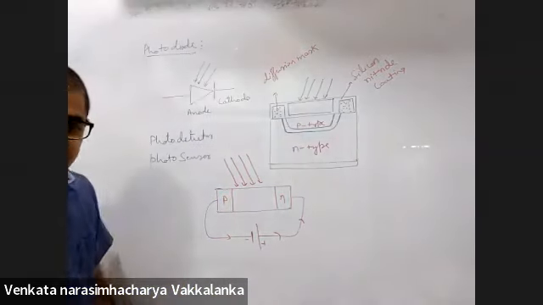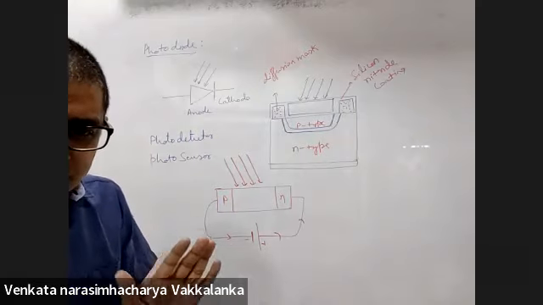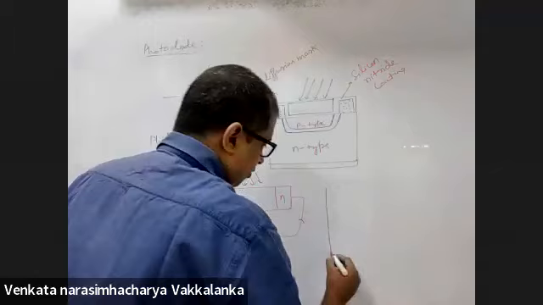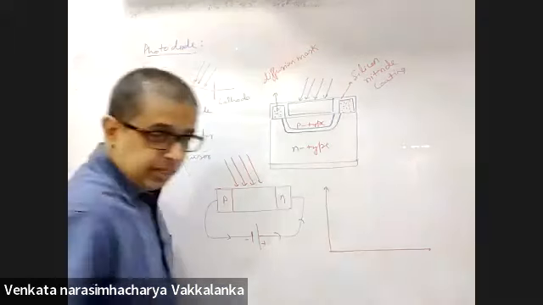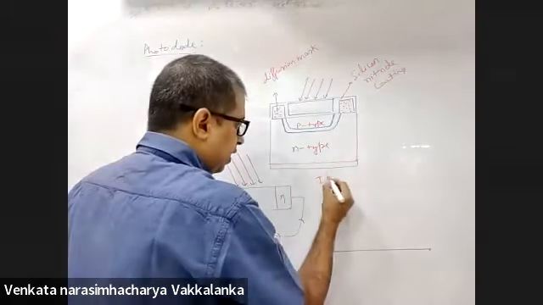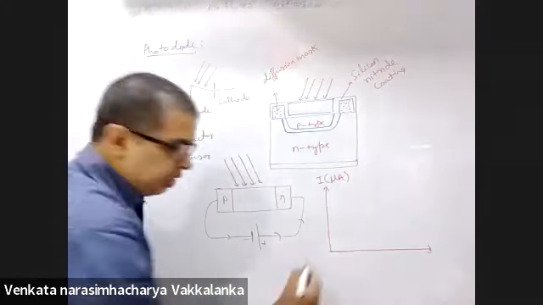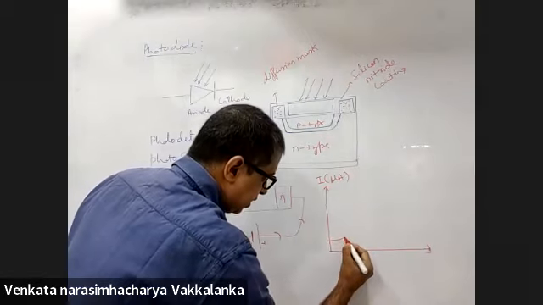Right? It is a constant value after a certain voltage is reached. So the VI characteristic of this will be like this technically. This is I in microamperes. Even when there is no illumination, you will find certain current.